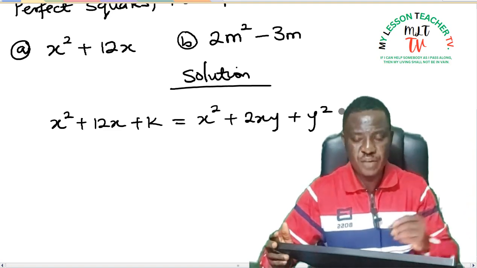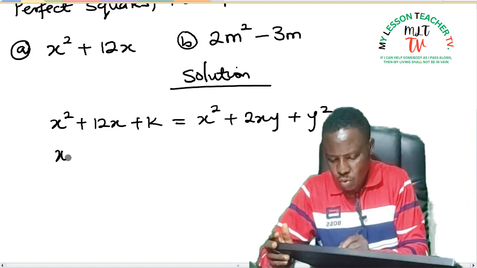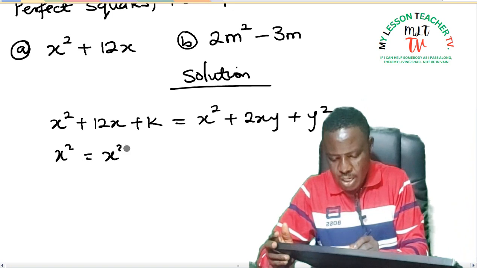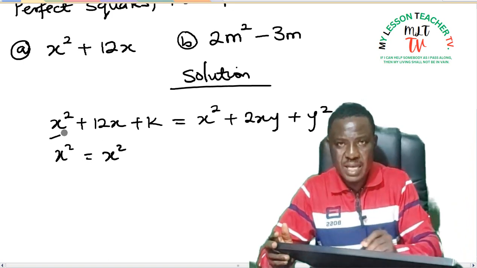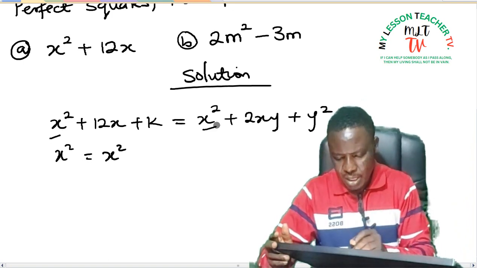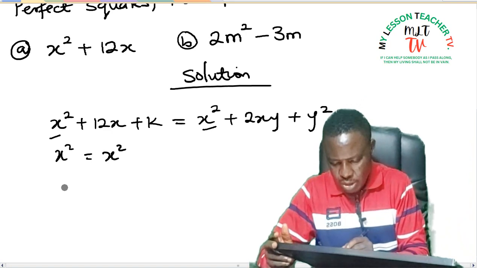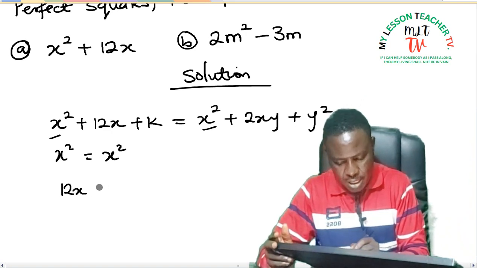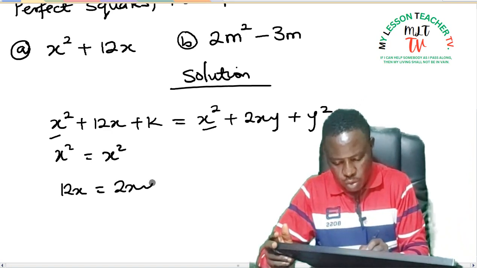Now, by comparing coefficients, x squared is equal to x squared, comparing the first term with the first term. Also, the second term, which is plus 12x, is equal to 2xy.